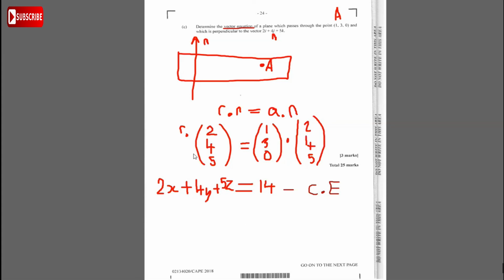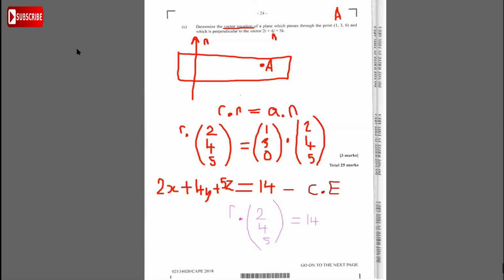So for the vector equation form, the best way is to leave it as R dot. Some persons like to leave it as the column vector. You can leave it as r dot 2, 4, 5 is equal to 14. That's one vector equation.